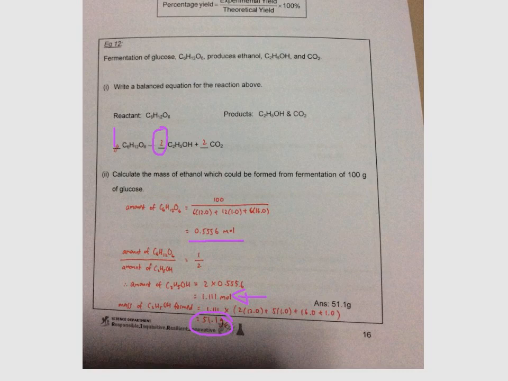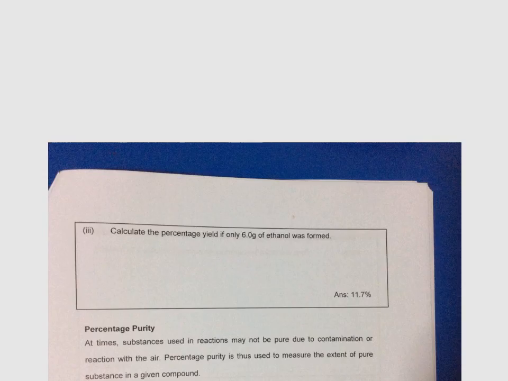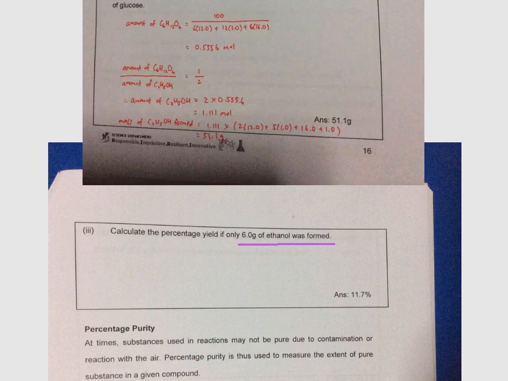And the next part is to calculate the percentage yield if only 6 grams of ethanol was formed. So this one you need to use the formula. From what you have calculated, the 51.1 grams, ask yourself this question: is it experimental yield or theoretical yield?